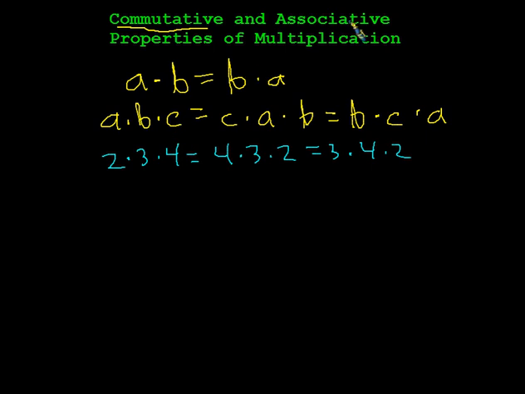Let's take a look at the associative property of multiplication. So this next thing here is the associative property. And again, I'm just going to give you a quick overview of exactly what's involved here.